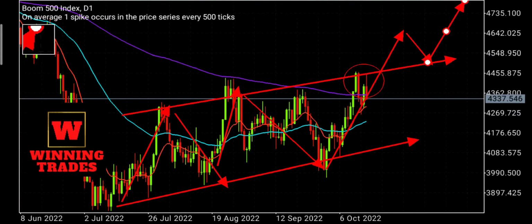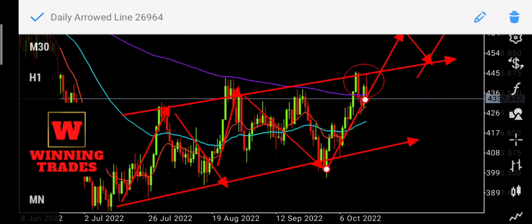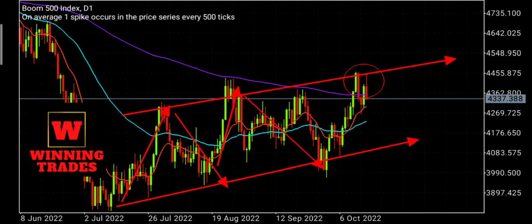It may not be this perfect, but that's what we should expect if price breaks out of this channel: to come back to retest it, and then we'll see price go higher. But as it is, we are seeing a rejection on the daily, which might be suggesting that price will likely be coming down. So for this week, we're going to look at H4 right now.